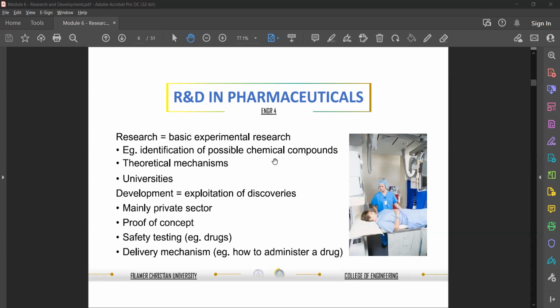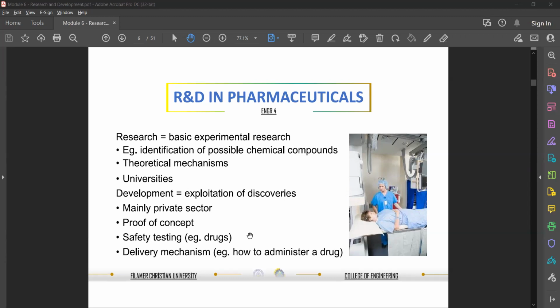And when it comes to development, these are the exploitation of discoveries. Just like they discovered a new drug that can cure AIDS or HIV. So this is mainly in the private sector and it consists of proof of concept and of course safety testing, especially in drugs. For example, di ba ang COVID-19 vaccine, may mga research yan.